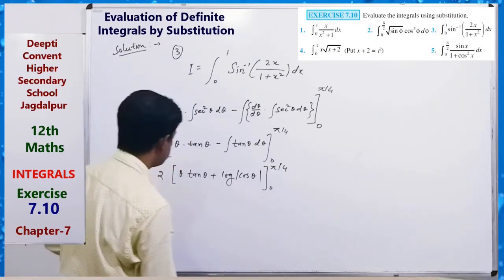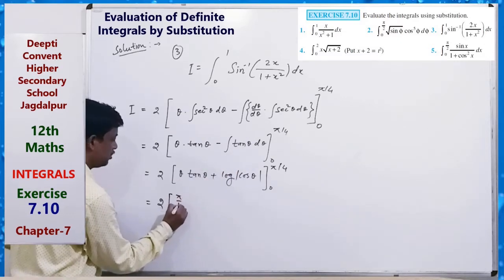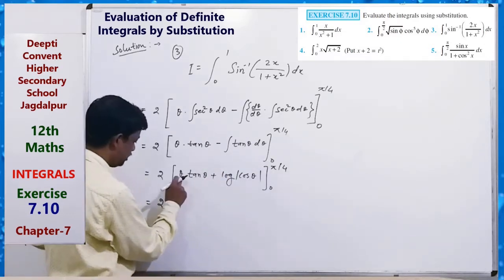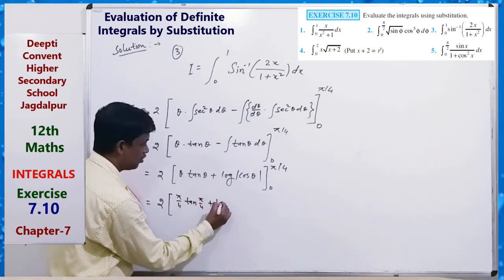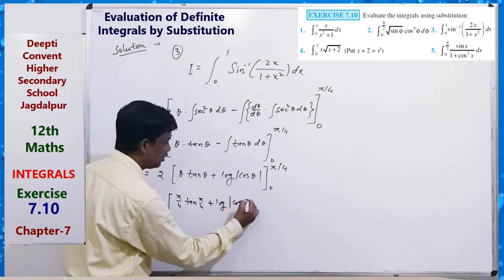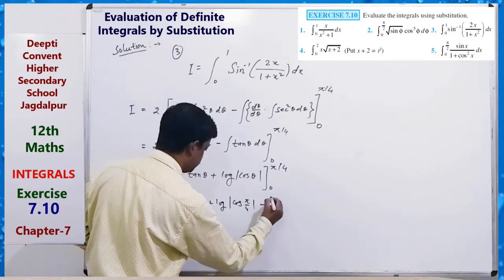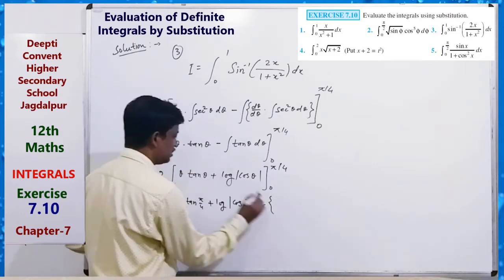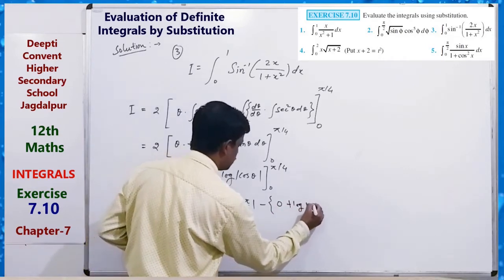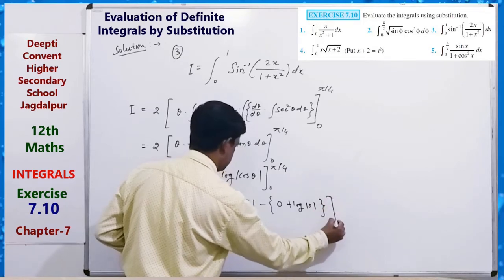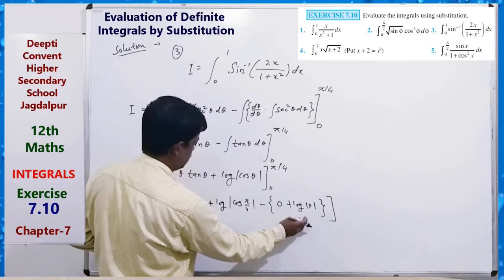Okay, so first of all, theta means pi by 4. First use the upper limit, theta pi by 4, tan pi by 4, plus log of cos pi by 4, this first part, minus theta 0, tan 0 is 0, first part 0, and also plus log cos 0.